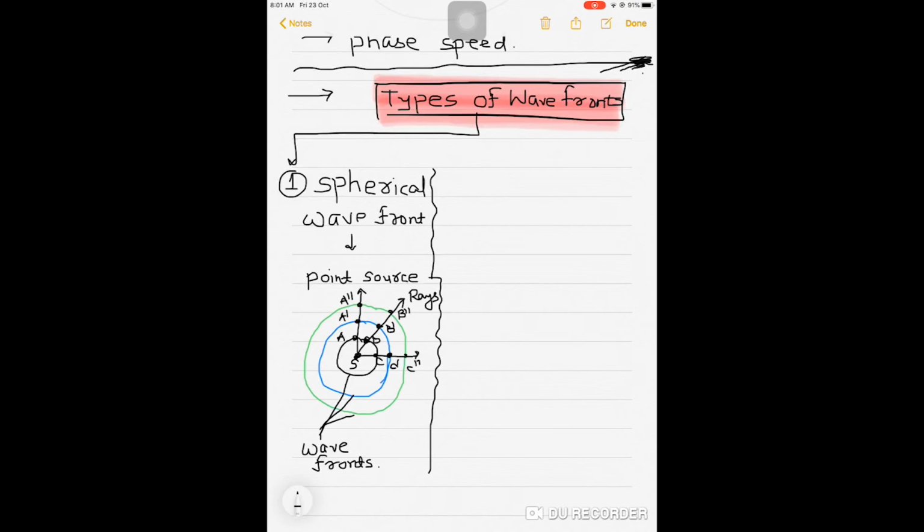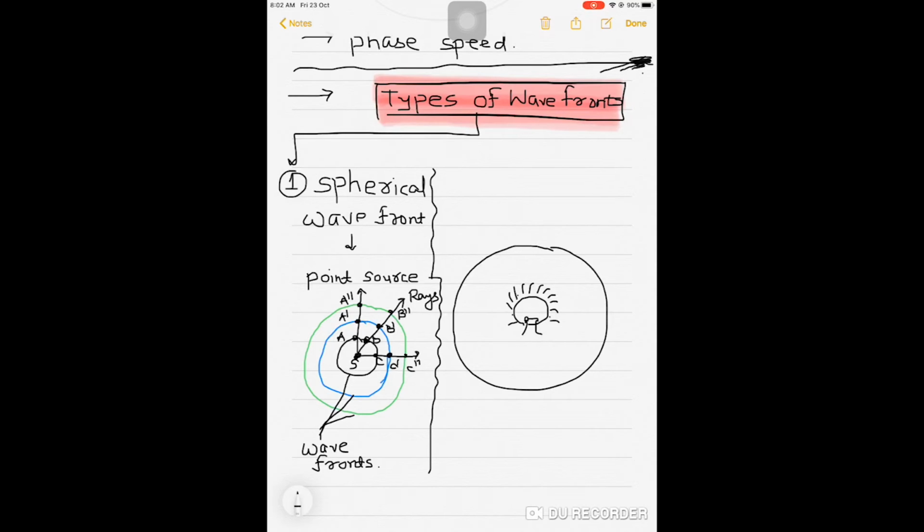Another example that we can draw is our routine bulb. We can say that the light coming out from the bulb goes in all directions, and therefore it forms a spherical wavefront.